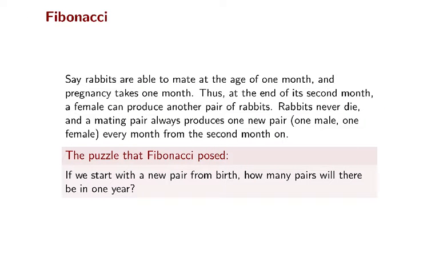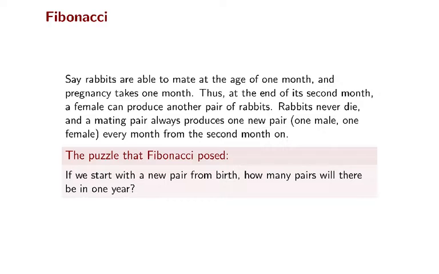And now we will see a very famous sequence defined by recursion, the Fibonacci sequence. In the 13th century, the Italian mathematician Fibonacci posed the following puzzle. Let's say the rabbits are able to mate at the age of 1 month, and pregnancy takes 1 other month.